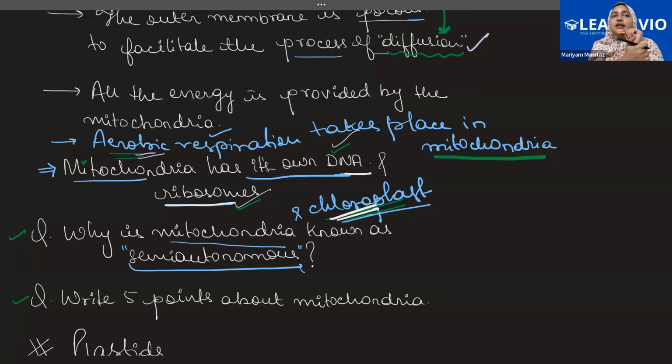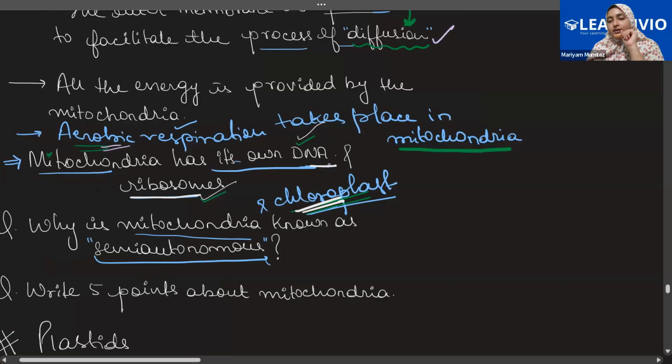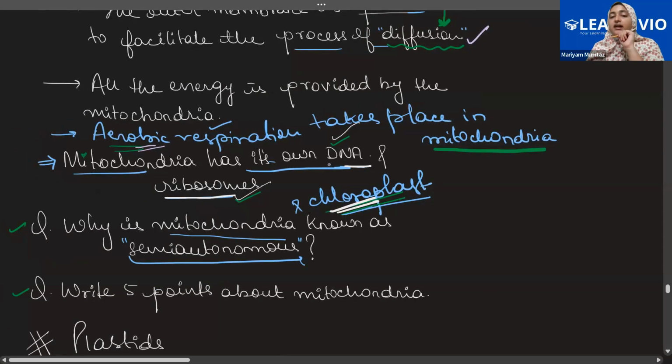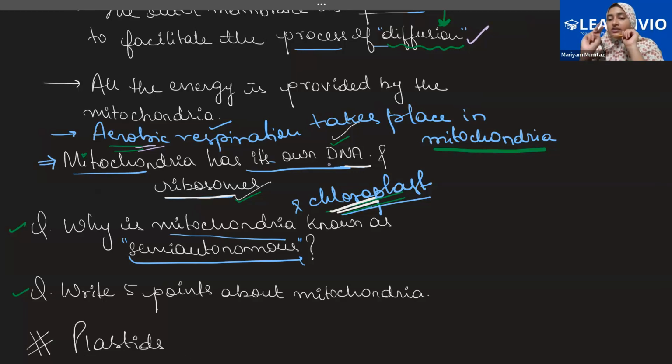Just remember that aerobic respiration occurs in the mitochondria. Clear? So the mitochondria performs two functions for us. The first is ATP synthesis. The second is aerobic respiration. Always remember, it does two things for us.